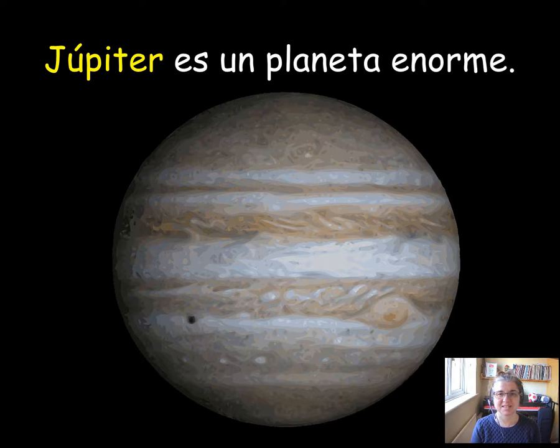What do you think the sentence is saying? Do you think you know? Yeah. Jupiter is an enormous planet, and we know that, don't we? We've seen the figures. We know how enormous it is. Jupiter is an enormous planet. Now, first thing to note, look at un planeta. Un planeta means a planet. Have a look at the end of planeta.